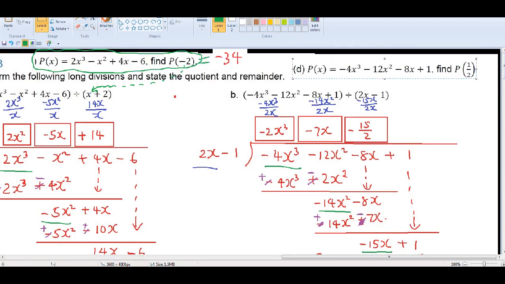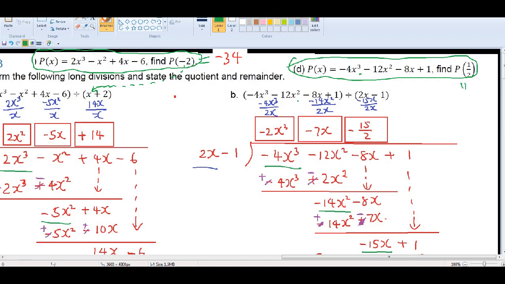When you compare that part D we've just finished with the long division question we did last time, it's the same polynomial, right? And then divided by 2x minus 1. For that divisor, what number will make this divisor 0? Of course, the 1/2. If we put 1/2 into x, it becomes 0. So if we put that 1/2 into the polynomial, what do we get?